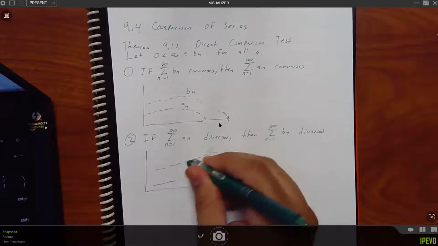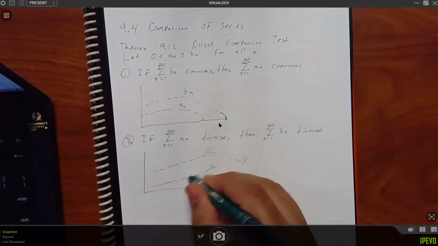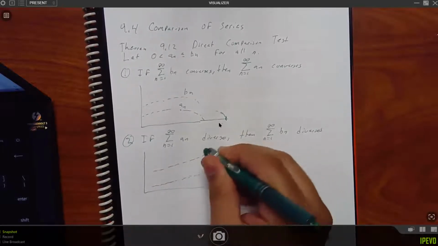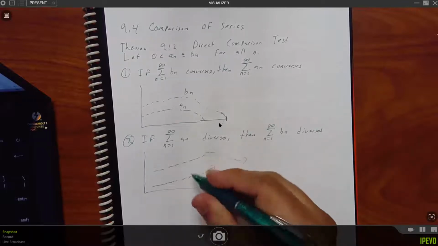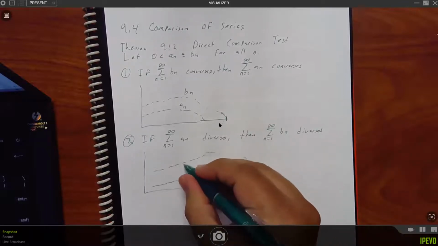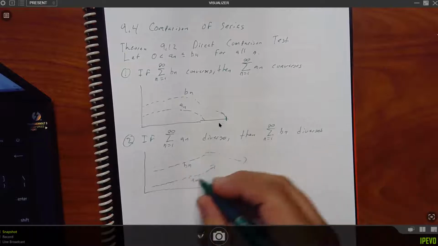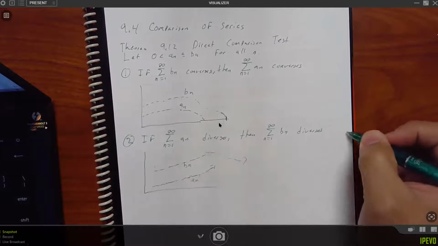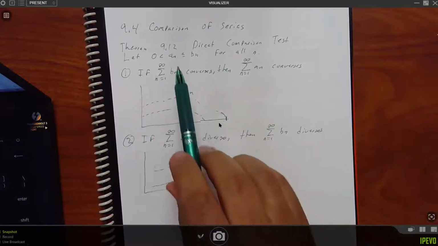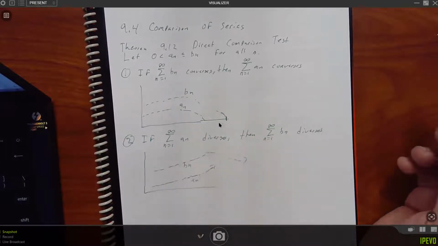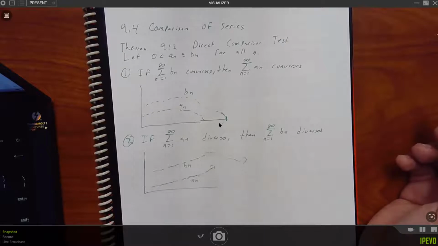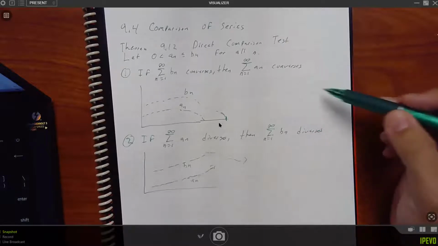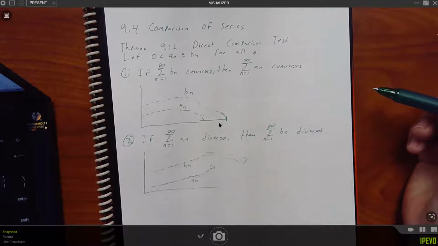I put that backwards; I had it right earlier. The small one is a_n, and we know it is divergent. We don't know what b_n is doing, but because this one's smaller, then b_n diverges. That's what number 2 is saying. The trick is to figure out what to compare it to. Once you understand this, the hard part is picking b_n.